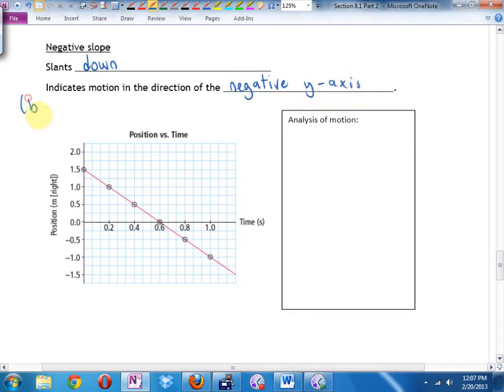It's backwards, or down, or left, or west, or whatever situation, Leah, that you want to come up with. The question will give you more information.